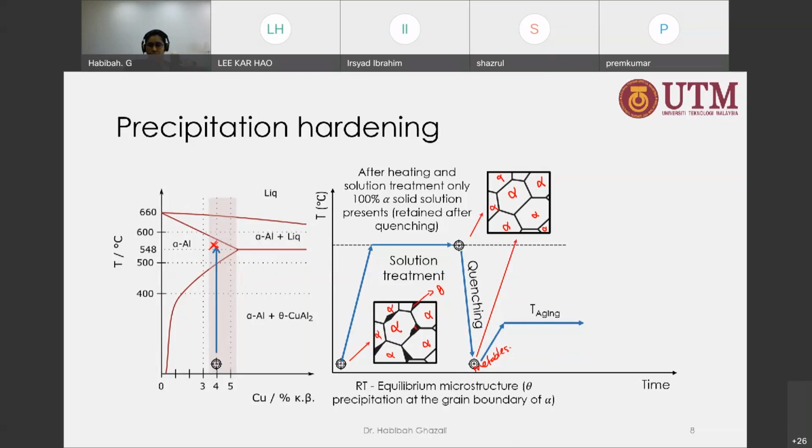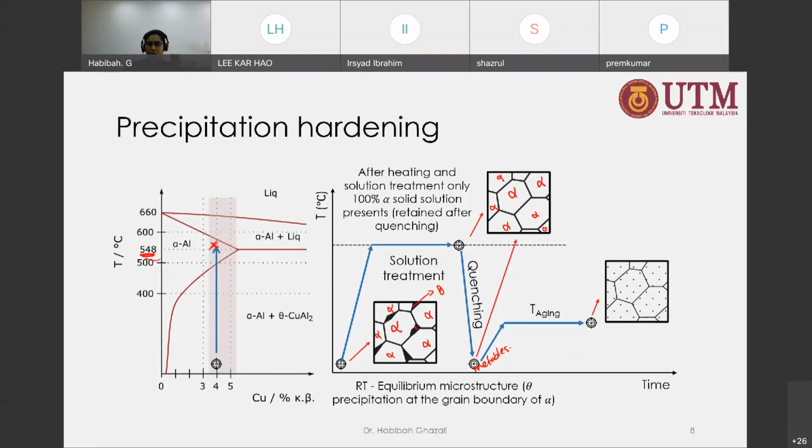So if we hold it at this temperature that is lower than that 548, what can happen? All this theta phase can start to precipitate out of the matrix of this alpha phase.